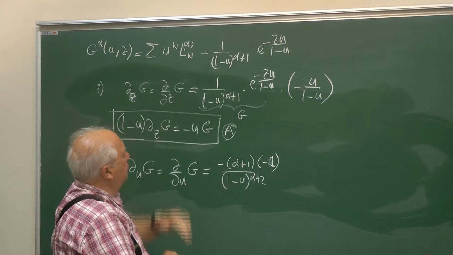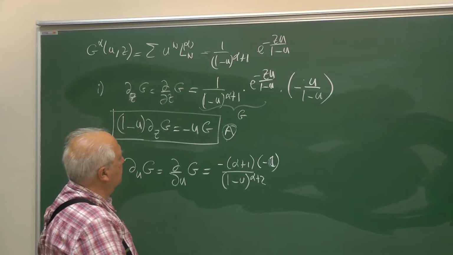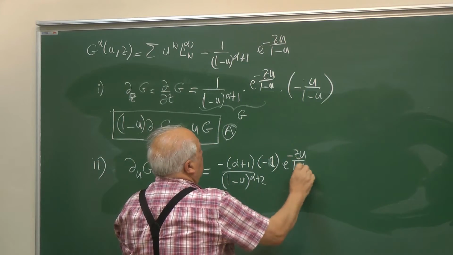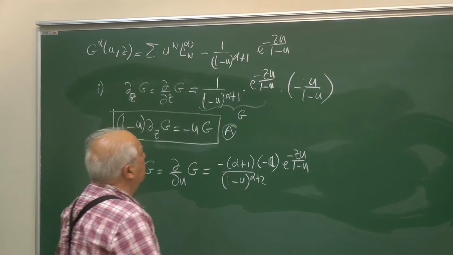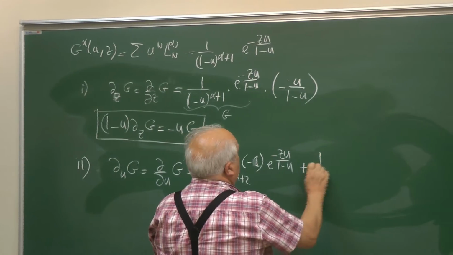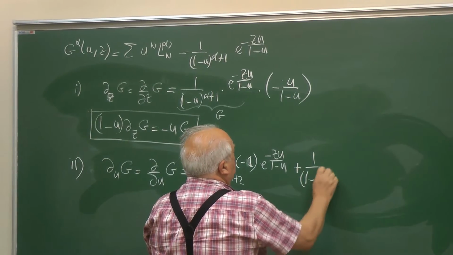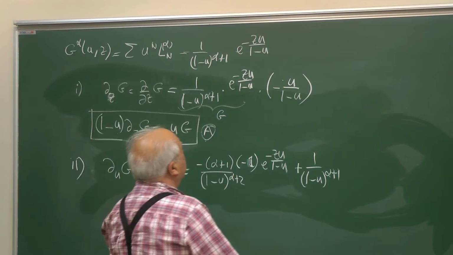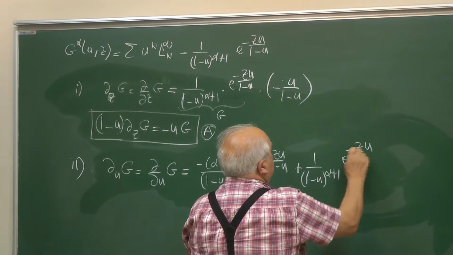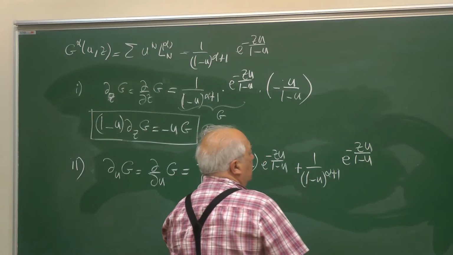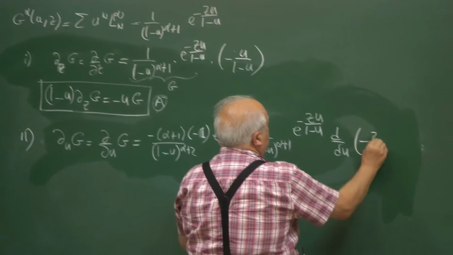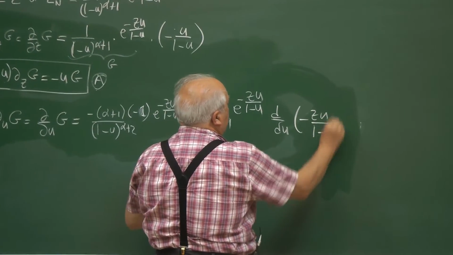The derivative of 1 minus u with respect to u, that's minus 1, times e to the minus zu over 1 minus u, plus 1 minus u to the alpha plus 1, e to the minus zu over 1 minus u, times d by du of minus u over 1 minus u.